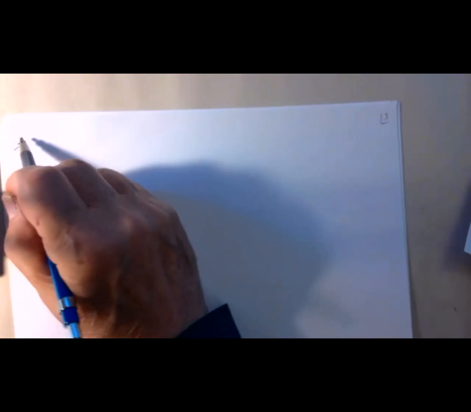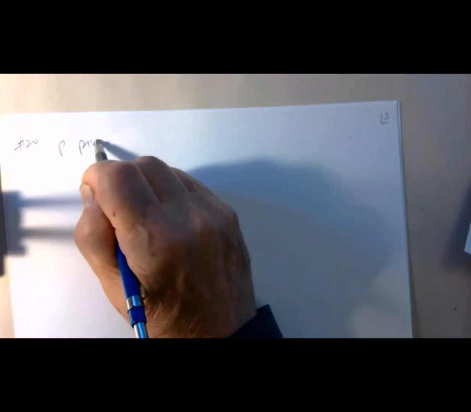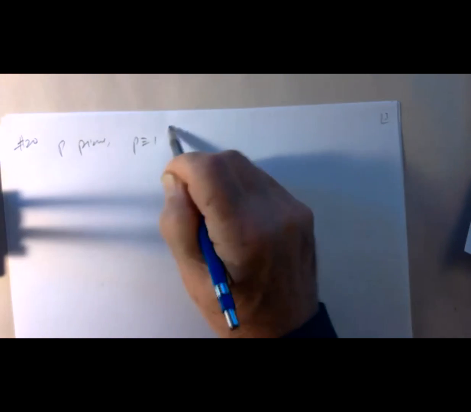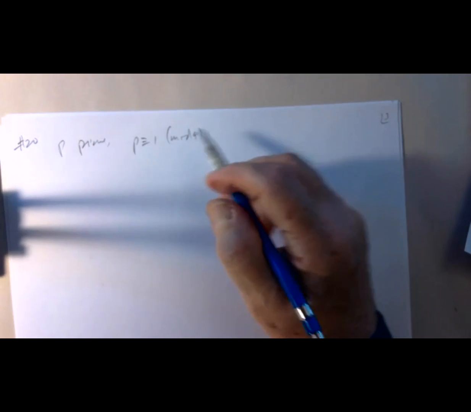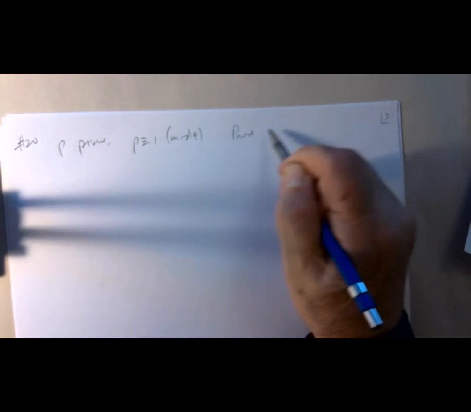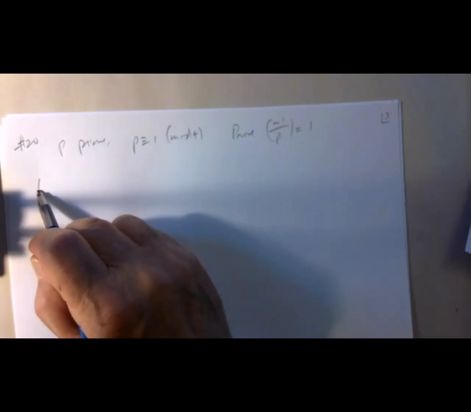So problem number 20 on the review is: if p is a prime and p is congruent to 1 mod 4, prove -1 is a quadratic residue. That is, (-1 over p) equals +1. So one way to do it is the following.